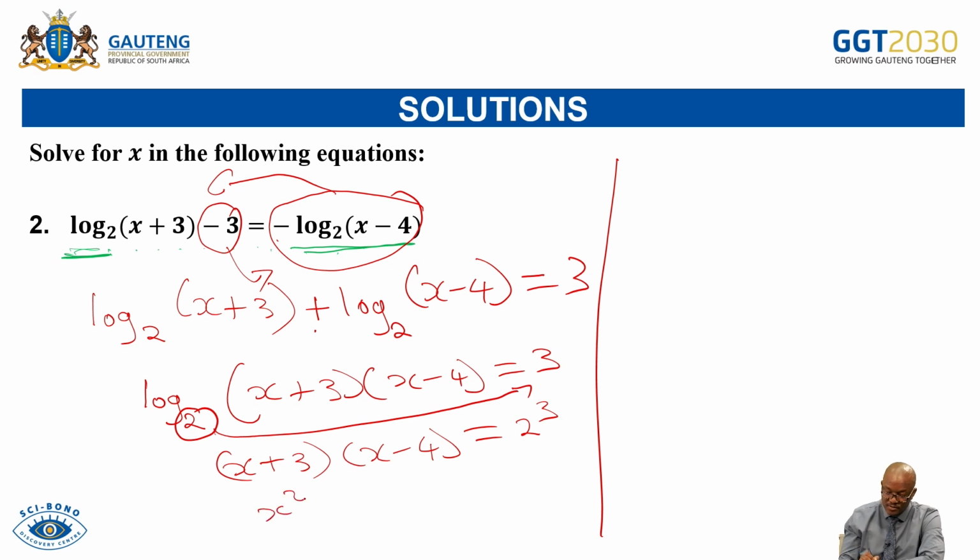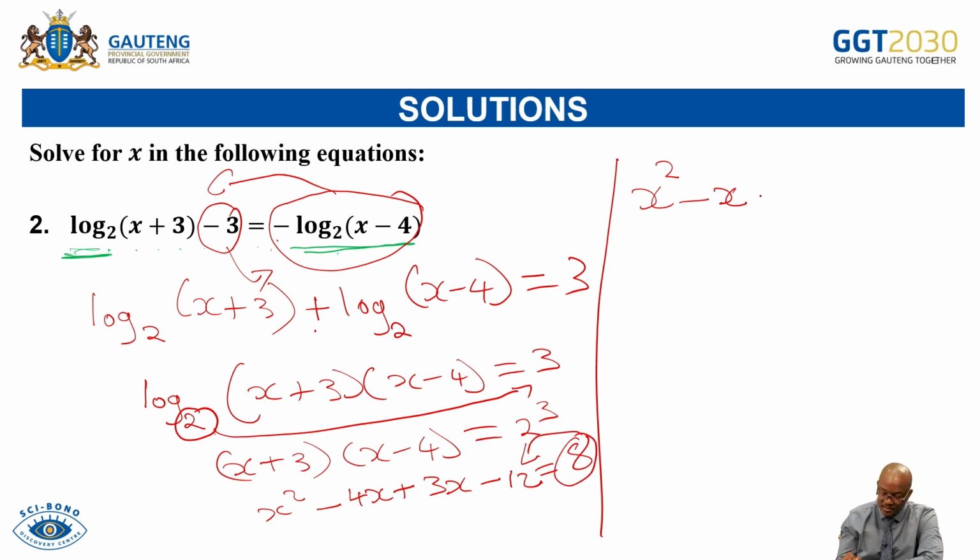Then we're going to have x squared minus 4x plus 3x minus 12, so it's equal to 8. So basically we're going to have x squared minus x. If I transpose this one to that side, it will be minus 20. It's equal to 0.